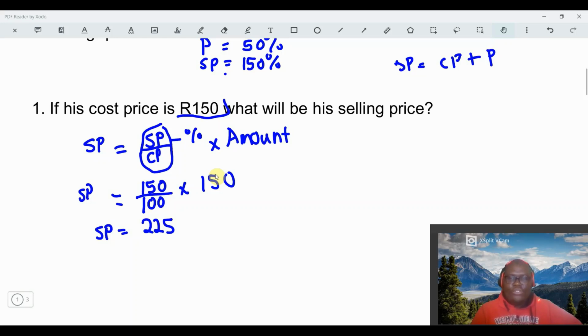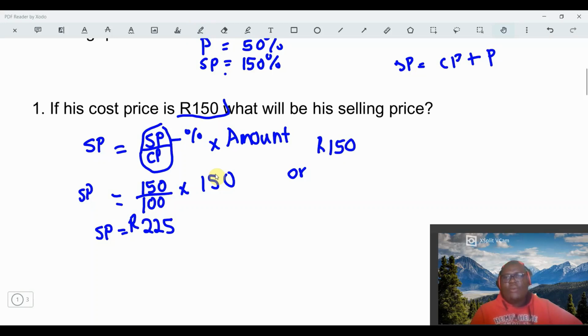You can also use this method. You take your price, that 150 rand that is given to you, right? Remember, the selling price is in rand, so it has got to have the rand sign.